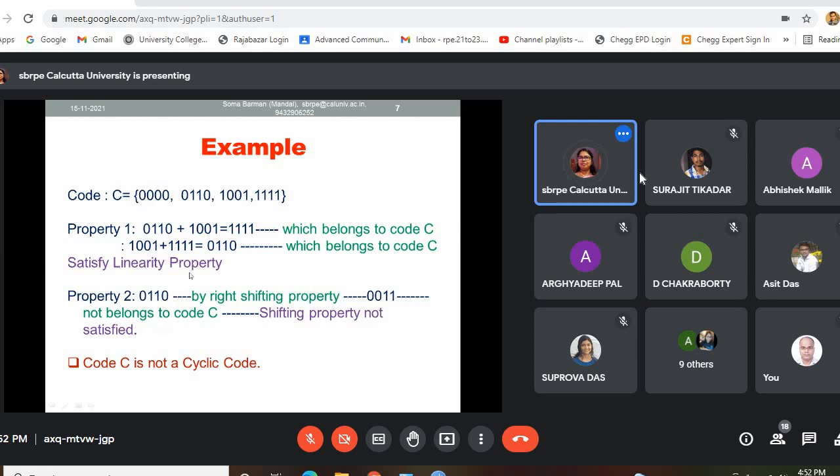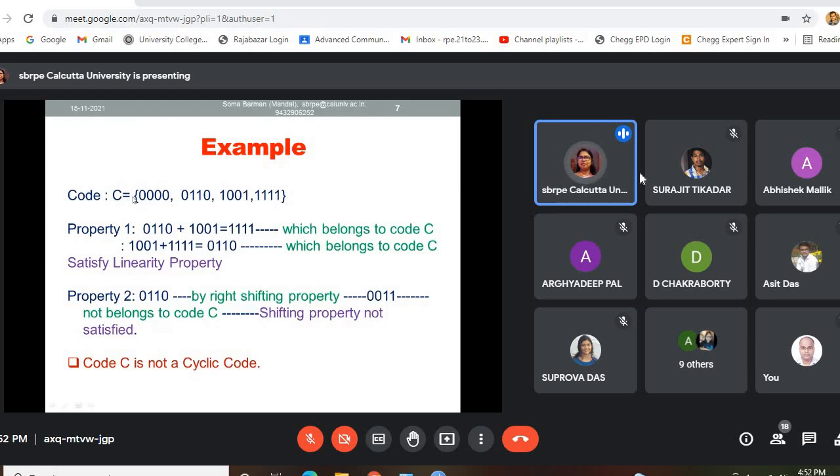Now check whether the cyclic shifting property is satisfied or not. Suppose I consider the second code word 0110. Right shifting it, what do you get? 0011. So 0011 is not an element of this set C. So it is not satisfied.